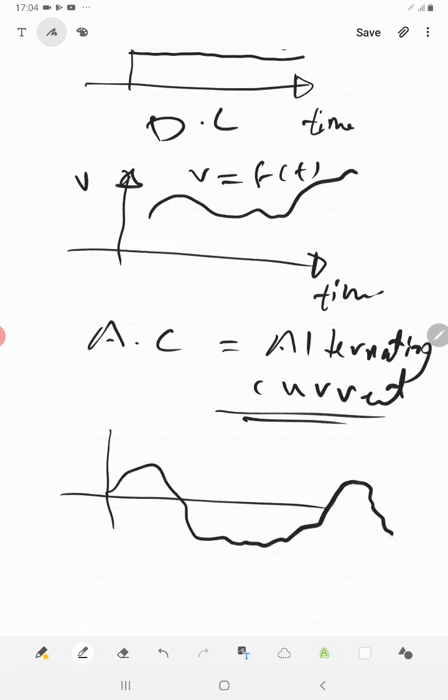Now omega, we call it radian frequency. The unit is radians per second, and this is equal to 2 pi times f. So f is the frequency. It is cycles per second, or we call it hertz.